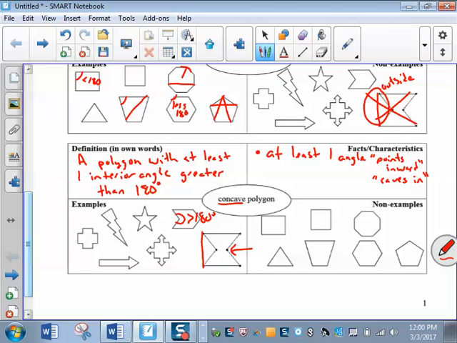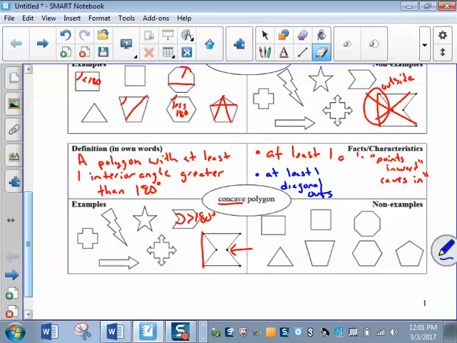It got caved in, right? Or like we talked with the convex, you have at least one, you could have more, at least one diagonal on the outside.